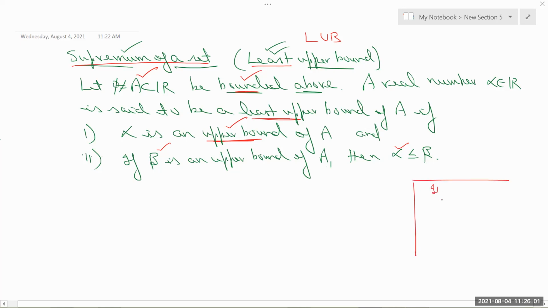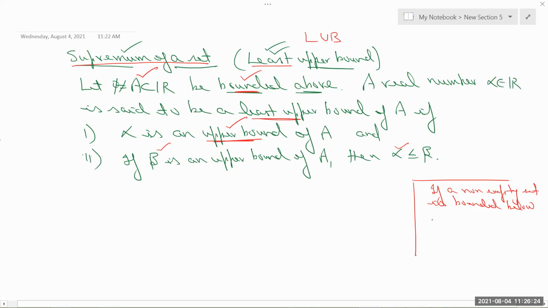If a non-empty set is bounded below, so whenever I say non-empty subset of R, a non-empty set means we are considering it as a subset of R, bounded below.